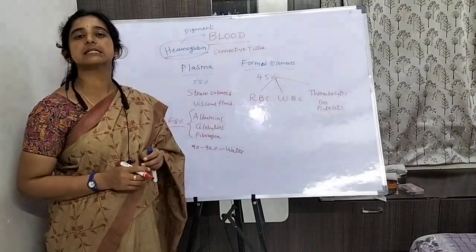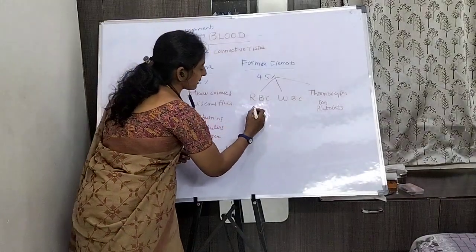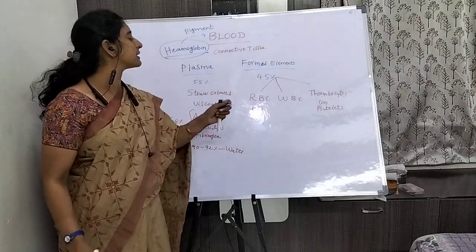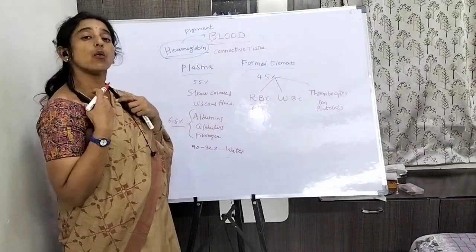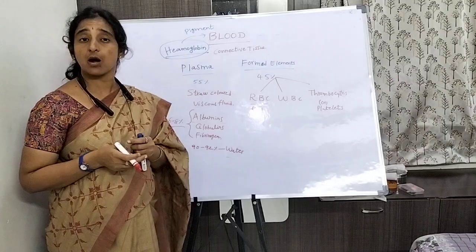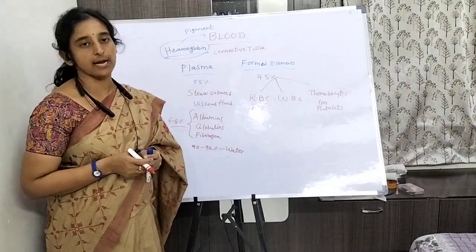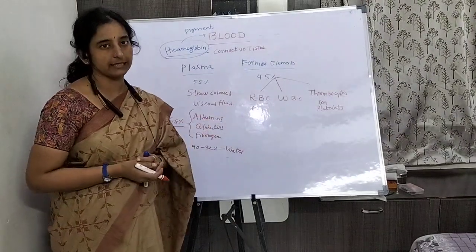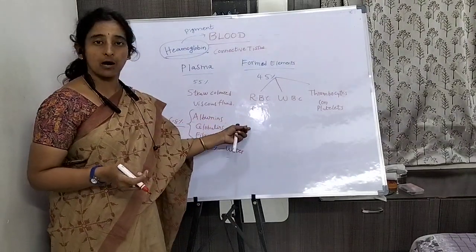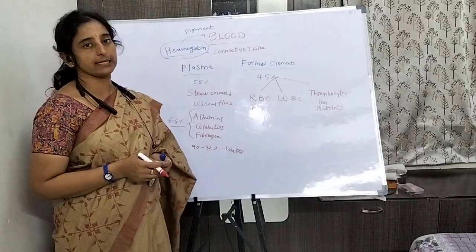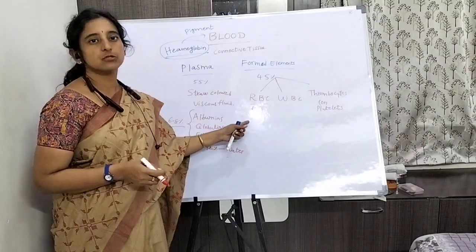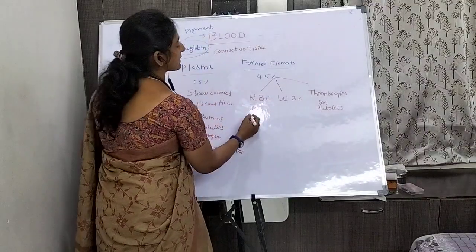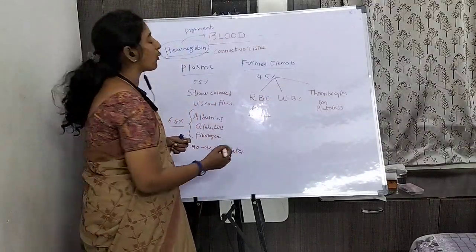RBC is especially red in color. That's why another name for RBC is erythrocytes. These erythrocytes are especially formed in the bone marrow.